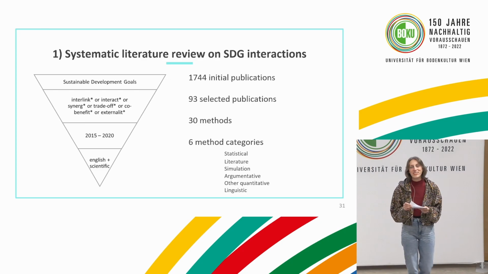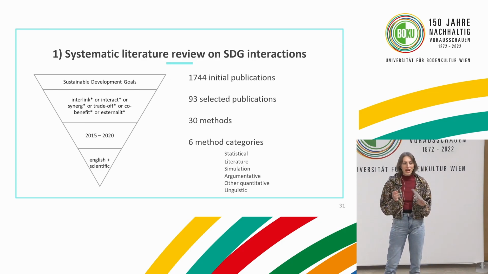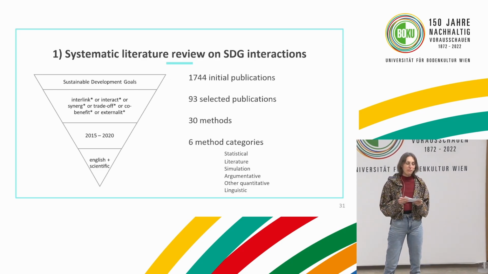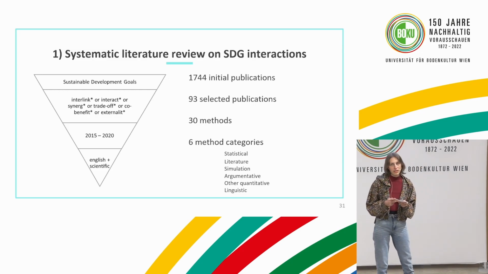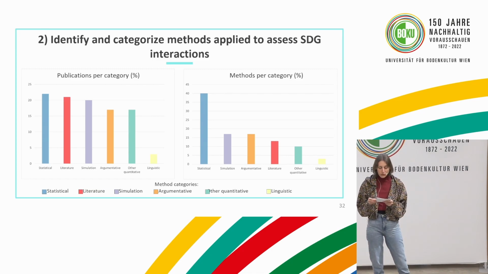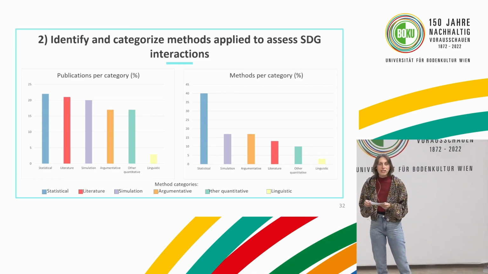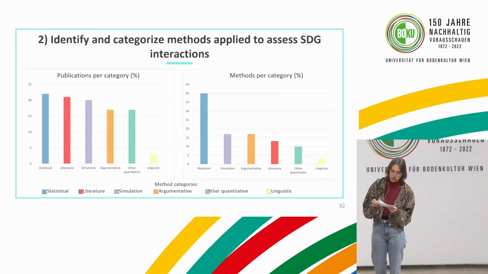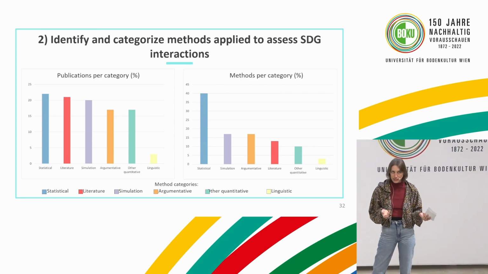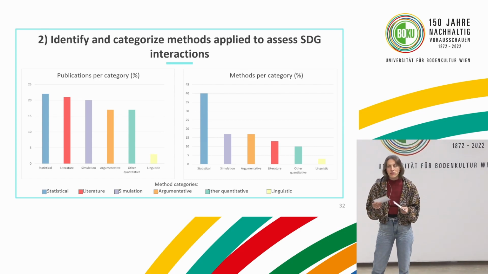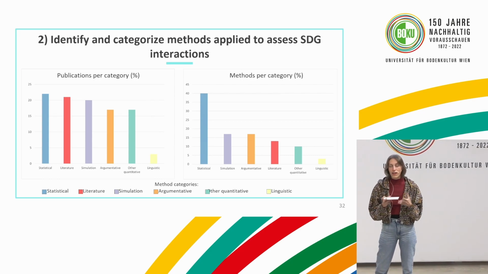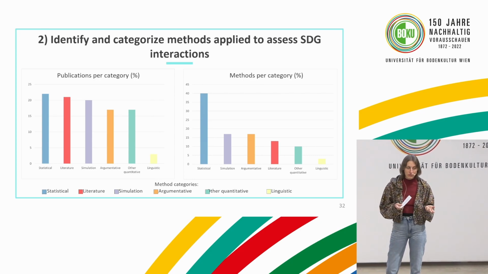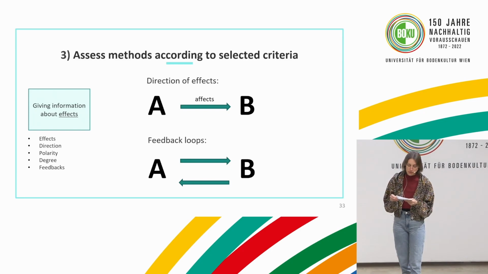After several screening steps, we derived from these publications our 30 methods that we categorized into 6 method categories. One interesting thing about these methods is that most of the publications used quantitative methods, like, for example, statistical methods. Statistical methods were also the group with the most methods, but there are a lot of other methods as well, like argumentative methods or, for example, linguistic methods.